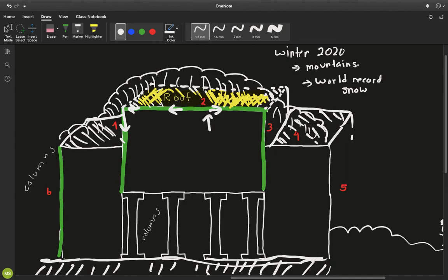They'll go from the roof here to this beam, outwards in these two directions, down, down, down, down.